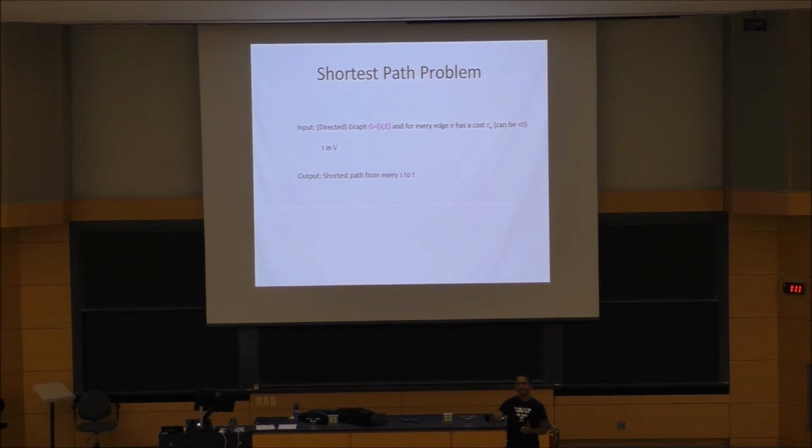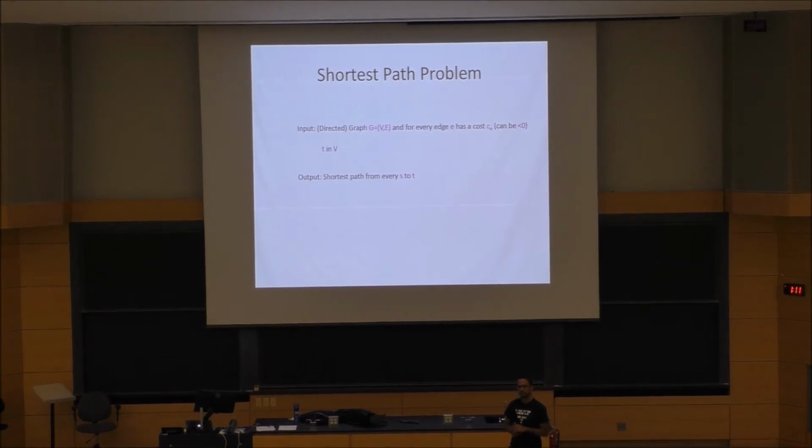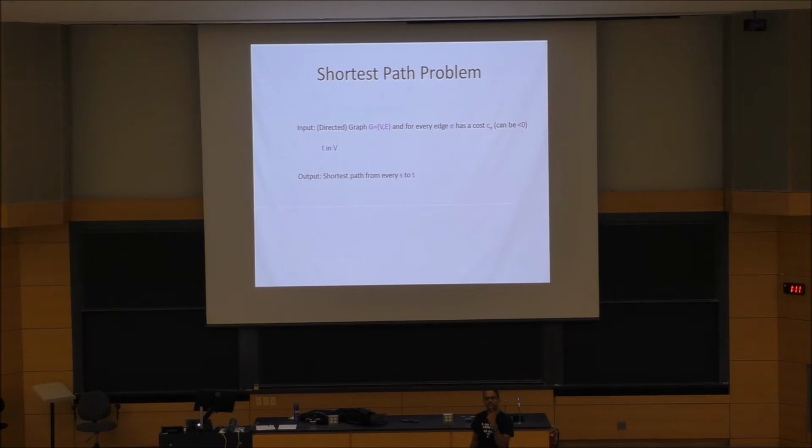So given a path, you add up all the edge costs, and the one with the minimum cost gives you the shortest path. But there's more than that. I have to ask your name. Wade. Is it possible for the shortest path to be... What if you can take infinite cycles?